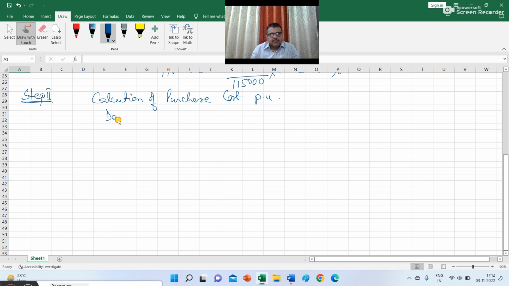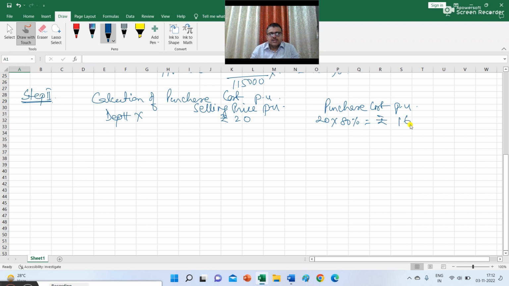So for department X, the selling price per unit is given at rupees 20. So there is a gross profit of 20%. Therefore, the purchase cost per unit is 80% of the selling price per unit.